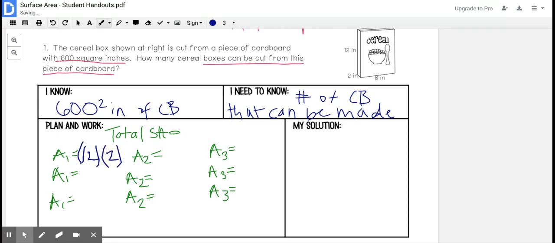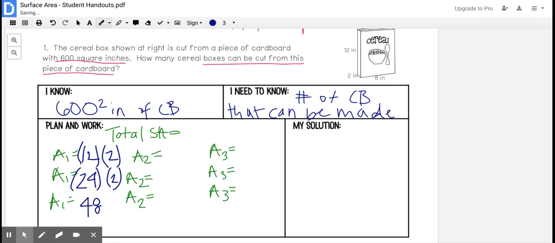And we know 12 times 2 is 24, so we're going to write 24 right here. But we also have to multiply 24 times 2 because 24 is the area for one of these rectangles, but we have two of them. So we're going to multiply that by 2, and 24 times 2 is 48.